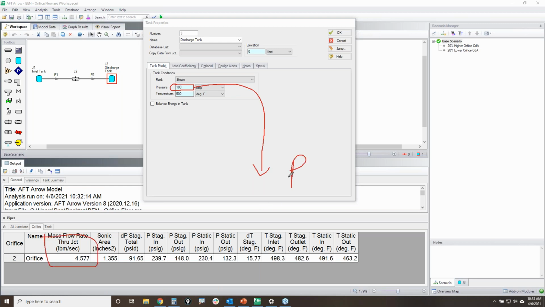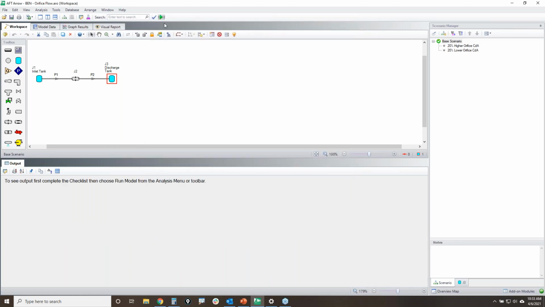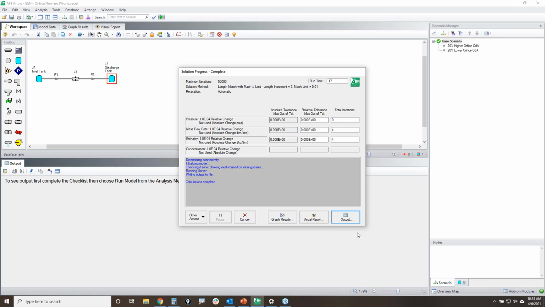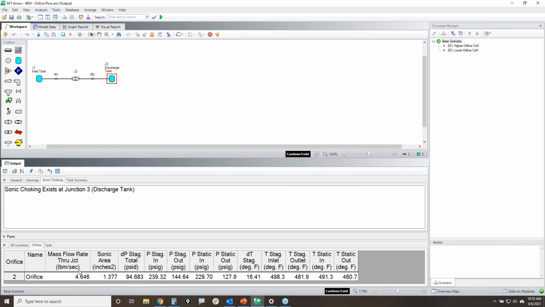I'm going to see how low I can drop the pressure of the discharge tank in order to increase my mass flow rate. So let's set this pressure now to 80 psig. If I set it to 80 psig, we have sonic choking again. So it's the same 4.646 pounds per second.